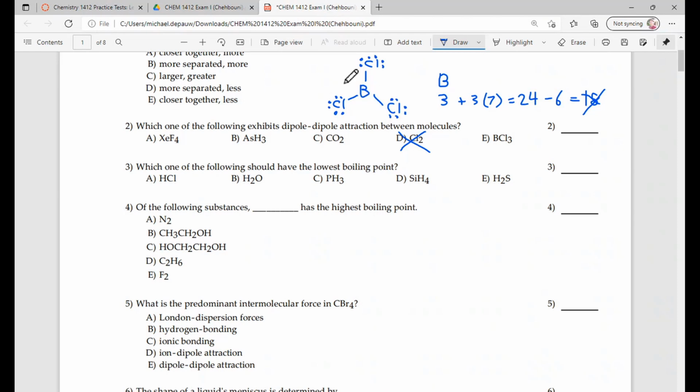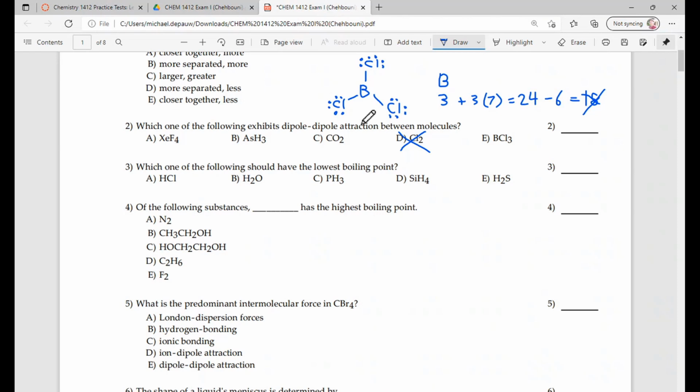Because boron is bonded to 3 chlorine atoms and it has no lone pairs of electrons, is this a polar or non-polar molecule? It's non-polar. And this goes back to Gen Chem 1, the rules for polarity: if an atom is bonded to all the same outer atoms and there's no lone pairs, it's non-polar.